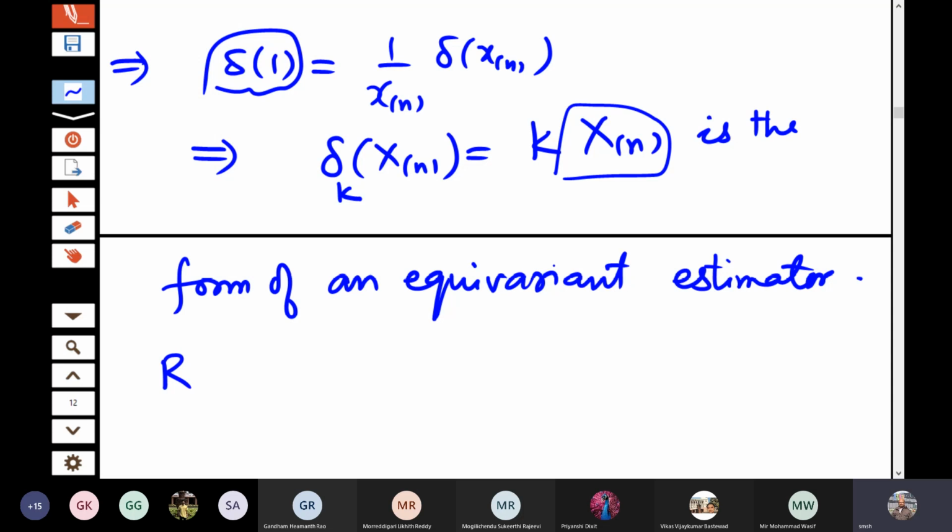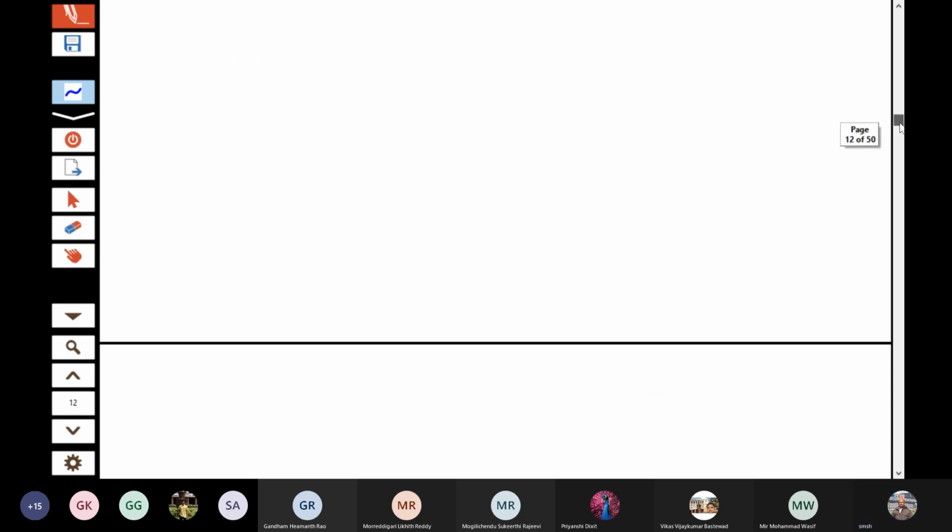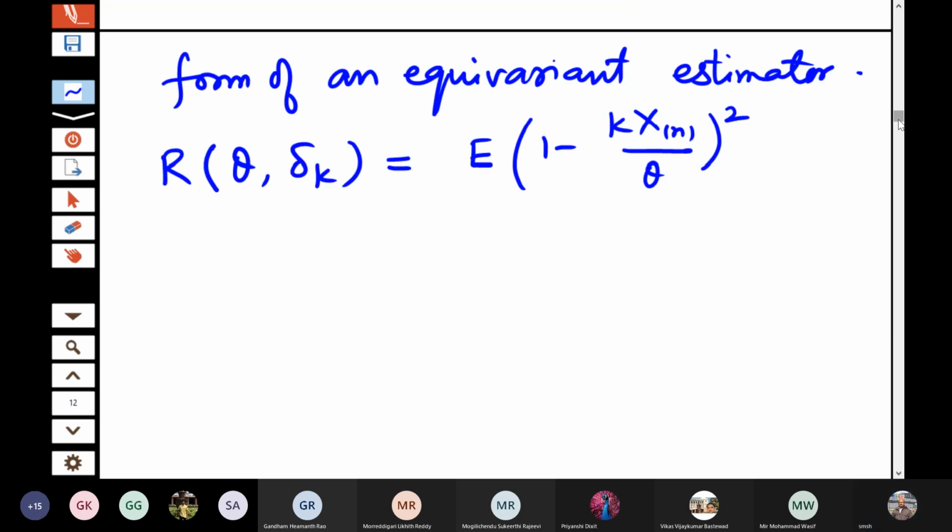So now let us consider the risk function of estimator delta k. That is the expectation of (1 minus k times xn by theta) square. So we have to minimize this with respect to k.